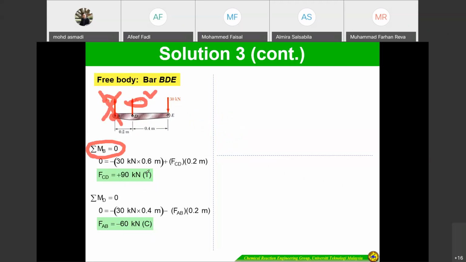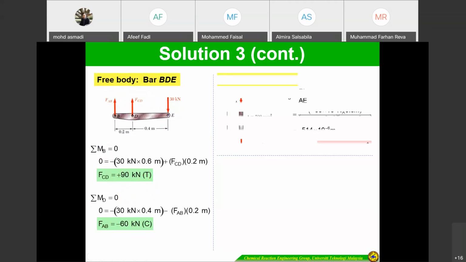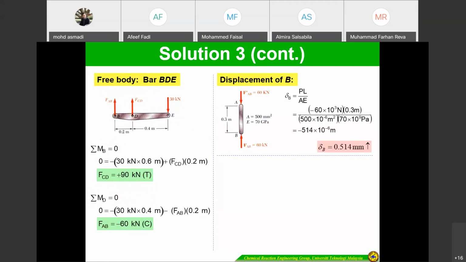So we can get FCD. And then after that, by also using the method of moments, the moment at point D, we can get FAB, negative 60.